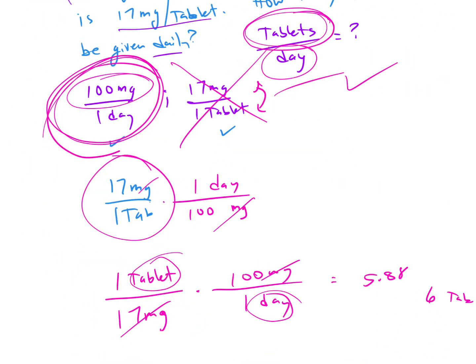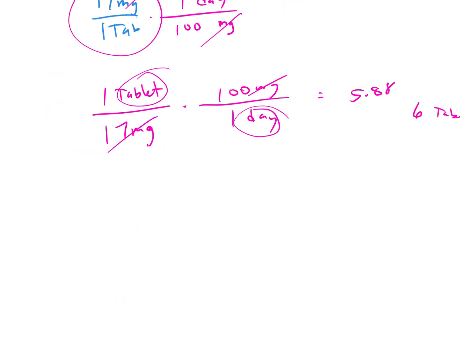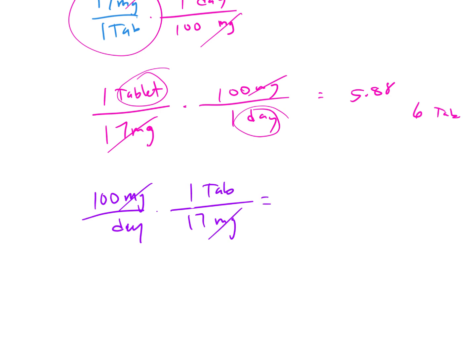Could we have started with the 100 milligrams per day? Would that have been easier? Let's try it. 100 milligrams per day. And we know we have 17 milligrams goes down here to cancel, right? For every 1 tablet. Is it the same thing? Yeah. Does it matter which one you start with?